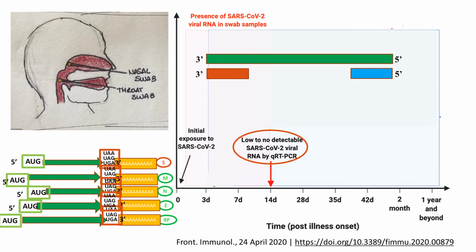So this is the time frame for having an RT-PCR nasal swab result that has been done specifically to amplify the complementary DNA that identifies the SARS-CoV-2 specific sequence in the spike protein receptor binding site.